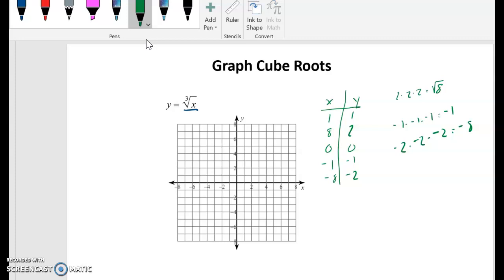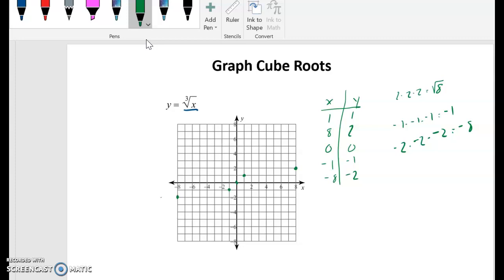So let's graph our function starting at (0, 0), (1, 1), and then (8, 2). With the negative values, (-1, -1) and (-8, -2).